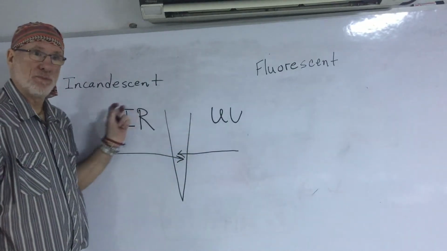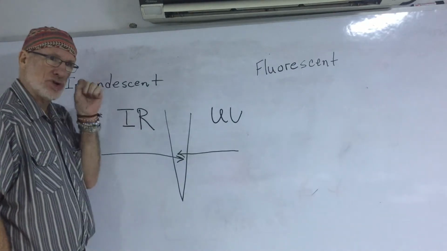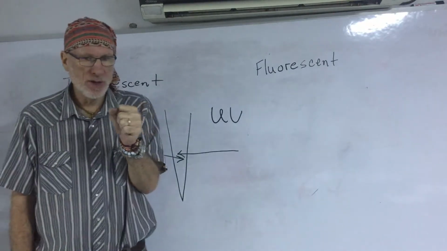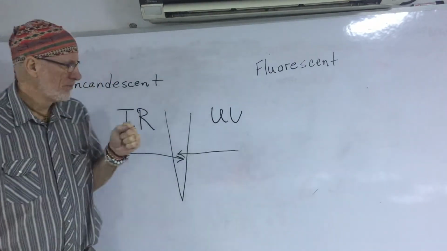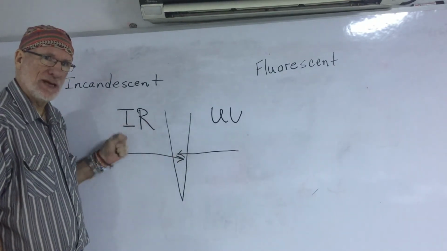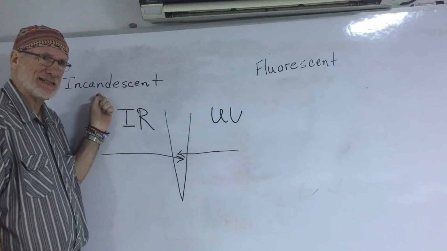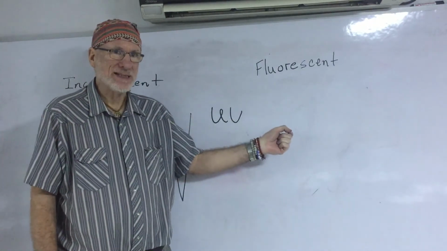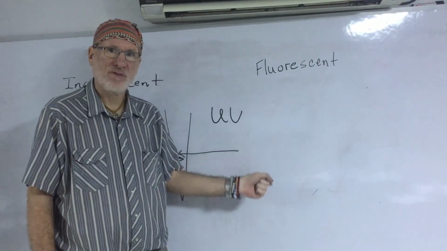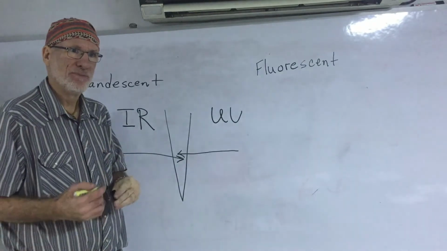Two separate sources of light. Infrared, so hot. In other words, it's an energy conversion. It goes from heat to light, from infrared to light. That's incandescence. Fluorescence goes from ultraviolet to visible light. You get the difference?